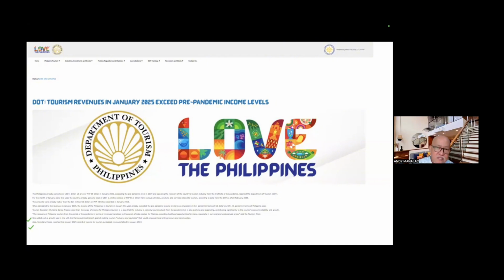We have much nicer airports now. I don't know when was the last time you went to NAIA 1, 2, and 3, or Clark Airport, or the Cebu Airport, and we have airports now in Bohol. I think I saw the other day that Iloilo now has a direct flight from Singapore.